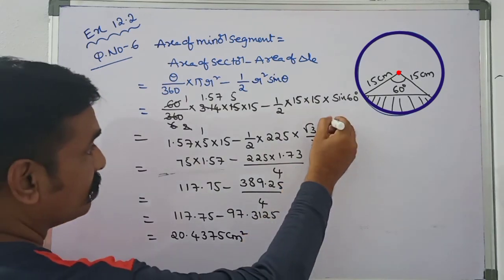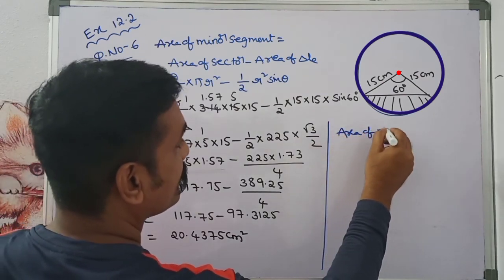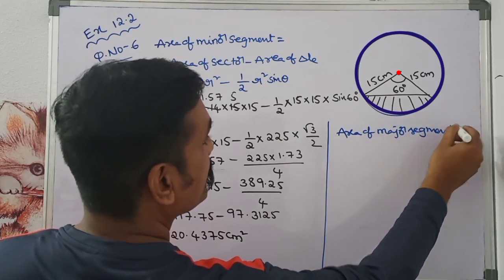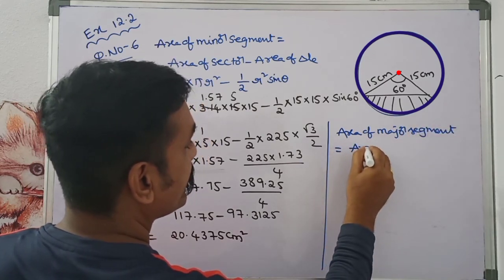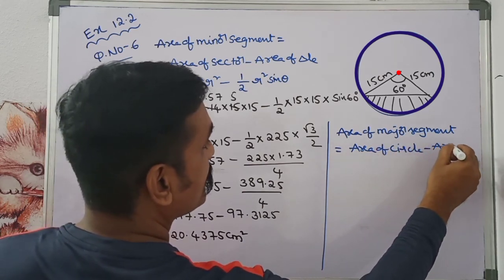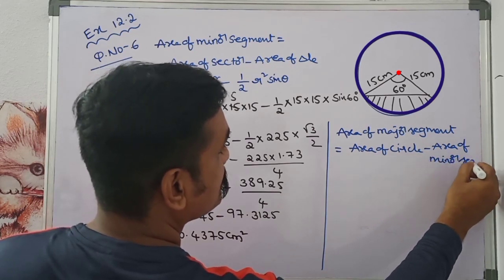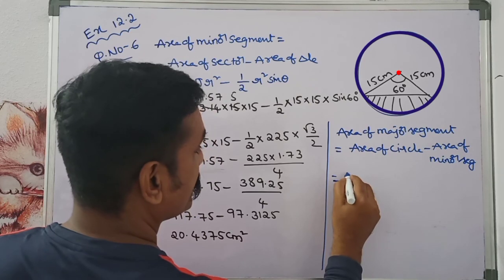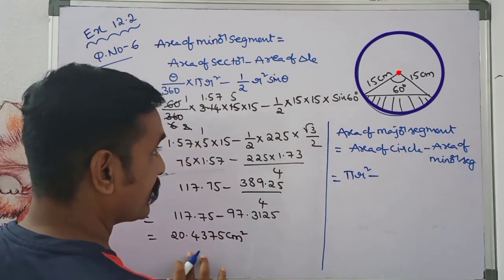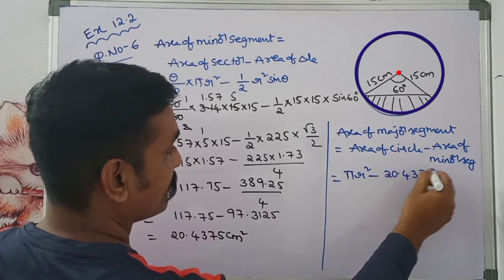Then the area of the major segment. The area of the major segment equals the area of the circle minus the area of the minor segment. The area of the circle is pi r square, and the area of the minor segment we already got, 20.4375.